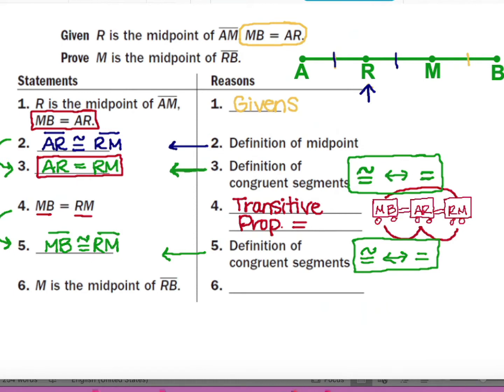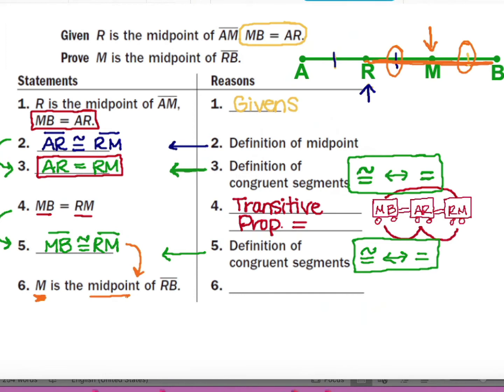But there was a good reason for that, because the thing that we were trying to conclude, the thing that we were trying to prove, is that M is the midpoint of segment RB because those two pieces are congruent. And so that's why we just made that statement that MB was congruent to RM, because now we can say that M is the midpoint.